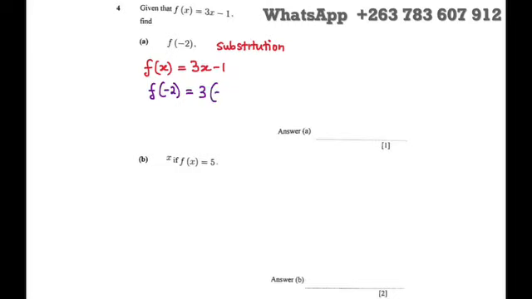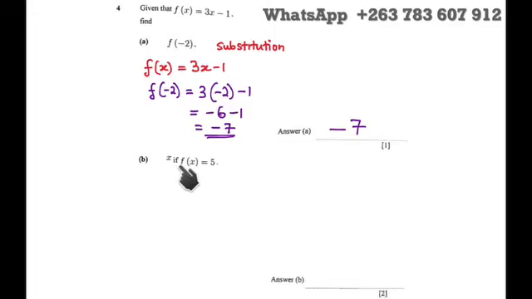So our answer will be 3 bracket minus 2 in place of x, minus 1. 3 times minus 2 is minus 6, minus 1. Then it's minus 7. So our answer is minus 7.